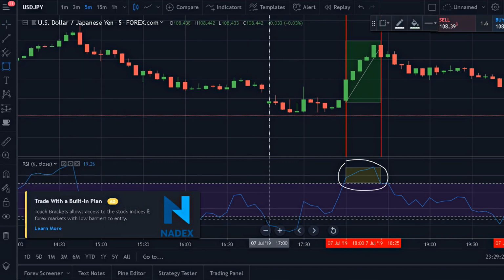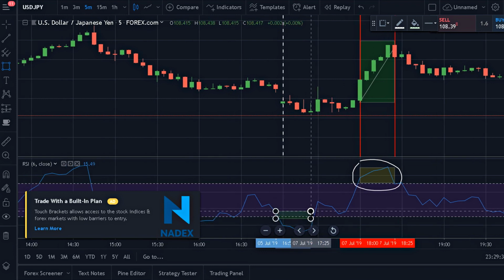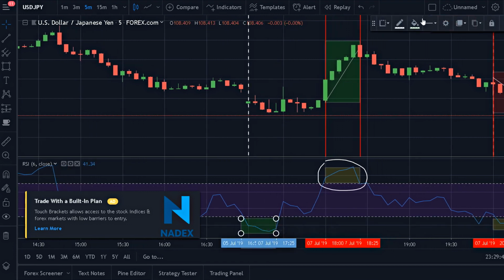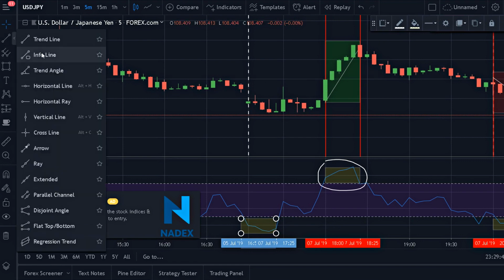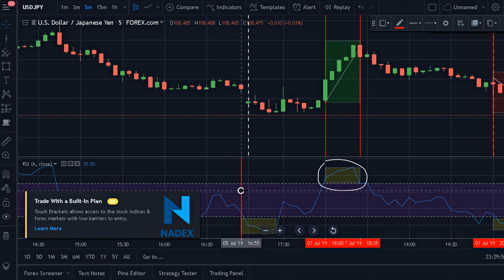I'm gonna give you another example right here. There we go. Boom. So there's another example. I'm gonna change this to yellow, keep it nice and color coordinated. All right, so we got a cross right here.